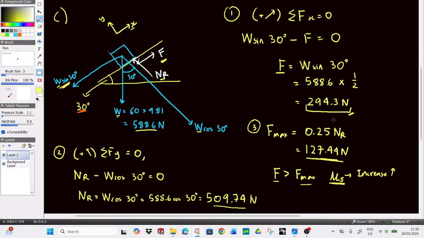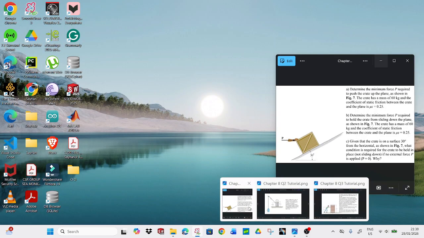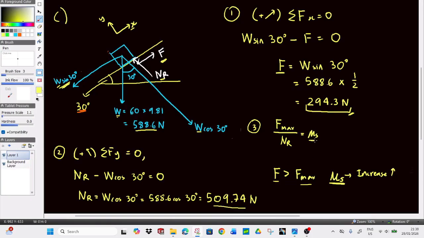It's quite simple, really. If I erase this, we know that the maximum frictional force, F max, divided by N_R is equal to μs.